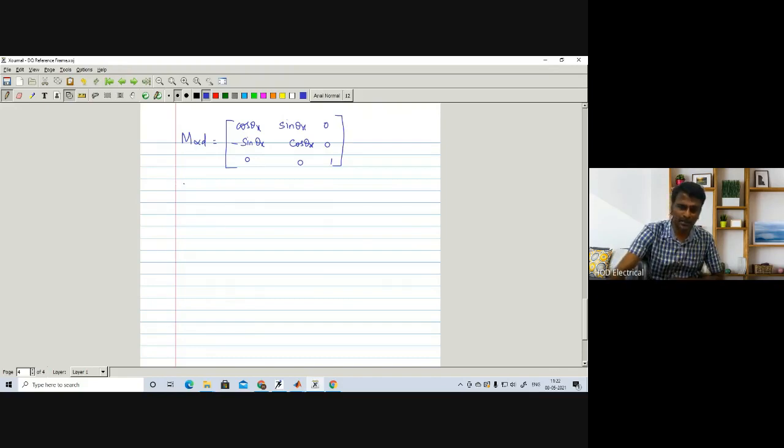We come to know the determinant of M alpha D is equal to 1, therefore it is an orthogonal matrix. Therefore, M alpha D inverse is equal to M alpha D transpose. We just have to take all the rows to columns and all the columns to rows. So we can write that as the transpose of this matrix.